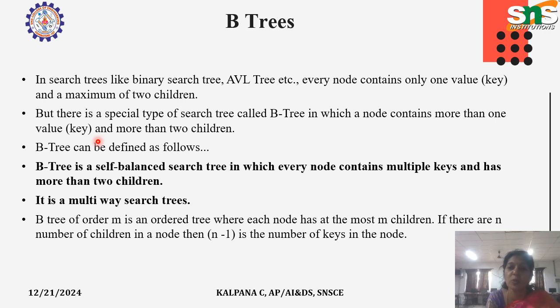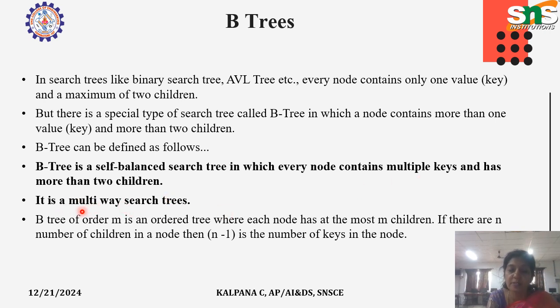But here it is not the case. We can have more than one key value and more than two children here. So this is a self-balanced search tree in which every node contains multiple keys, not only one key, and has more than two children.